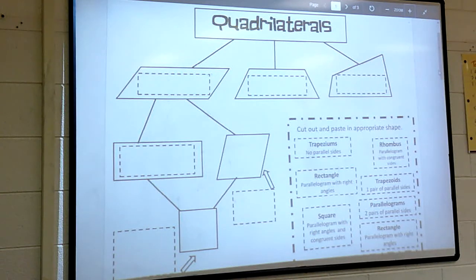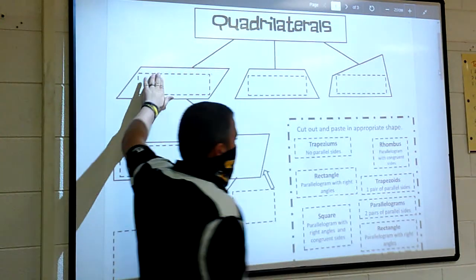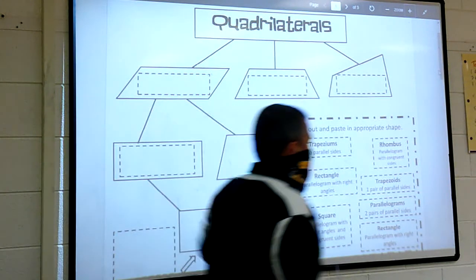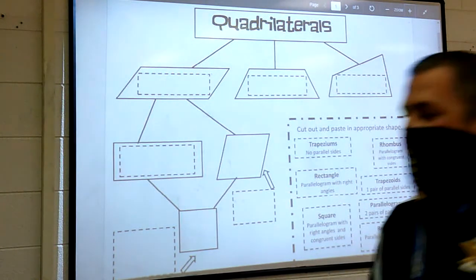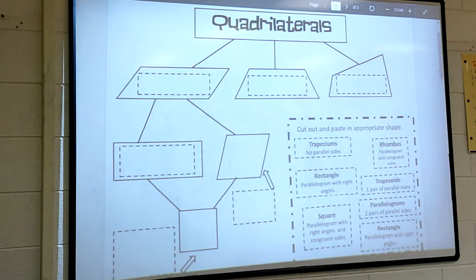Now, the first one that we're going to look at in the top left corner, this one right here, is called a parallelogram. So that's going to go up here in the top left. You'll want to paste that shape up there for parallelogram, and we'll make sure that it matches what you've already done.